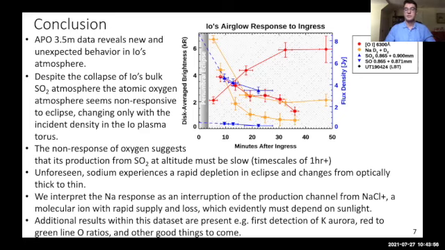So another unforeseen thing that we find is that sodium experiences rapid depletion in eclipse and changes from optically thick to optically thin. That definitely means that the atmosphere is changing.